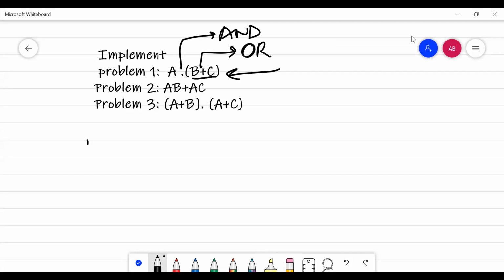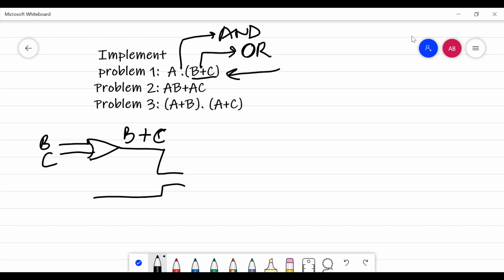So the very first thing that we require is our OR gate with the two inputs B and C. The output of this OR gate will be B plus C. And then this output along with A is going to go into the AND gate, and that is going to give us our output as A dot (B plus C). So this is how we are going to realize the circuit.